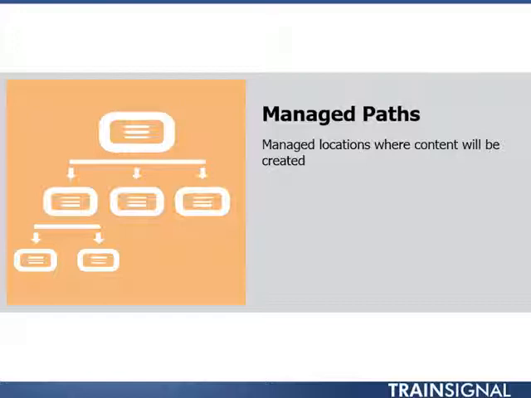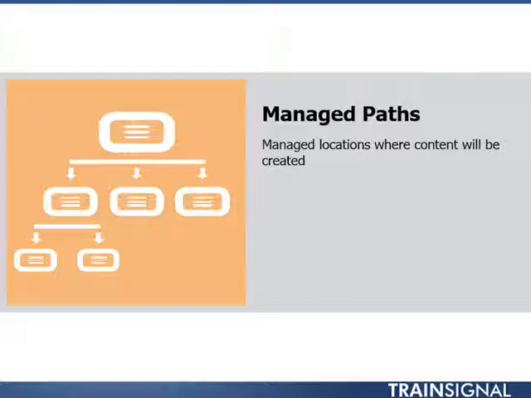Without managed paths, that content will be created willy-nilly anywhere, all over the place. It'll be impossible to find. Remember, each site collection alone can have up to 250,000 sites. We need to have some order here. These managed paths make it easier for us to find what we're looking for.